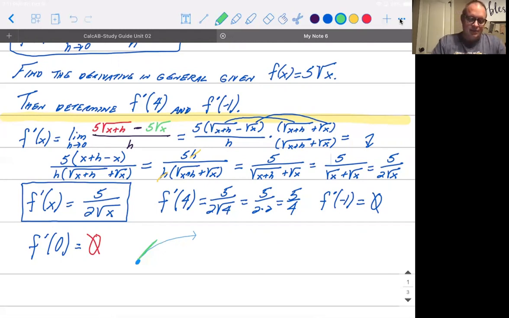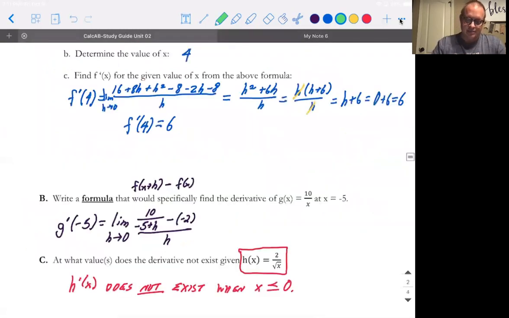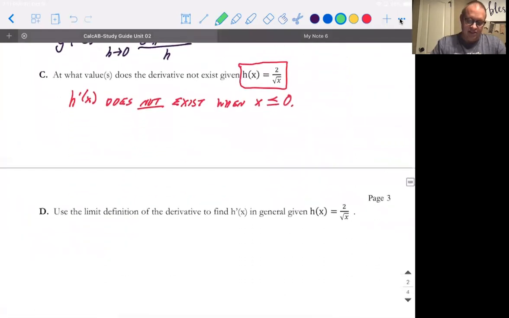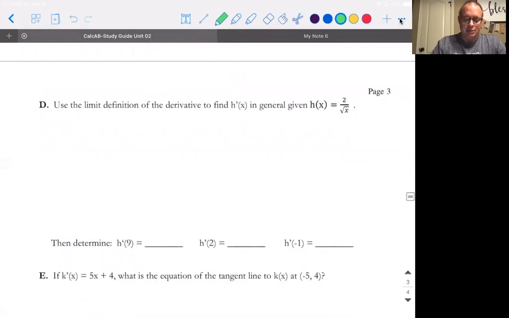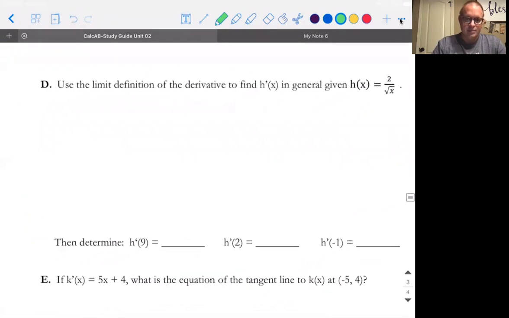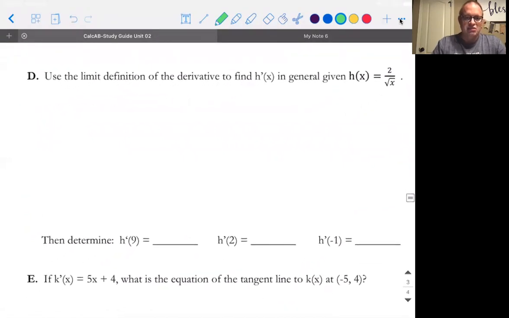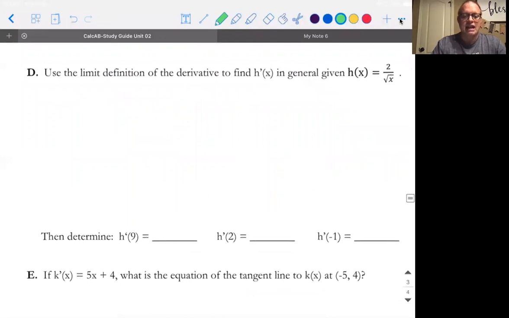All right, we're going to go back to your study guide here. And on your study guide, I'd like you to do problem D here. Problem D says use the limit definition of the derivative to find h prime of x in general given h of x equals 2 over the square root of x.